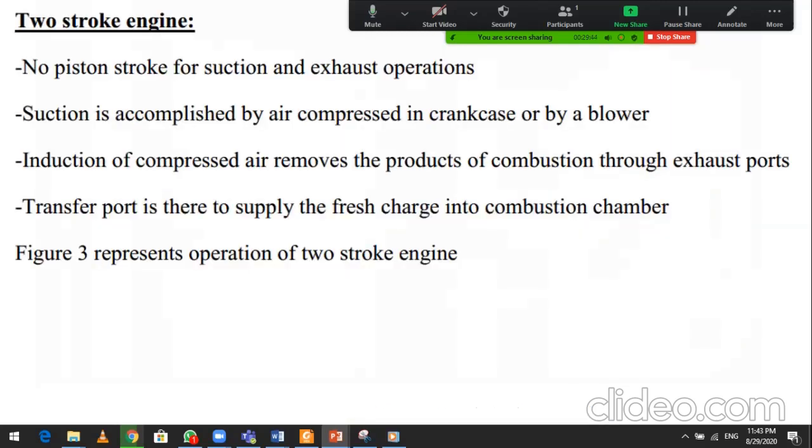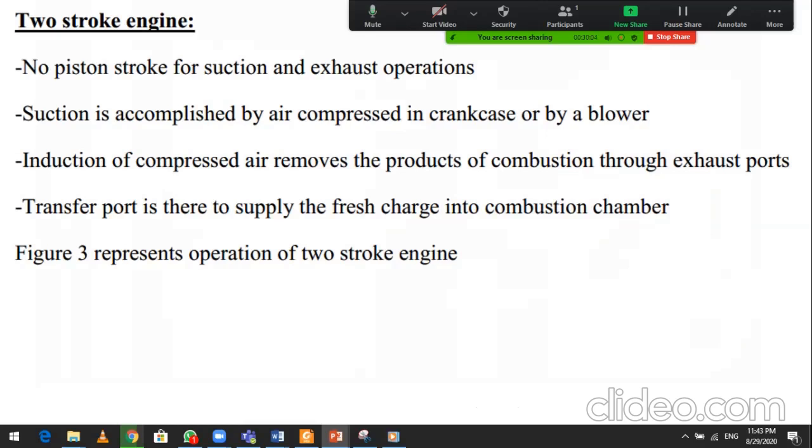There is no piston stroke for suction and exhaust operation. Suction is accomplished by air compressed in the crankcase or by a blower.